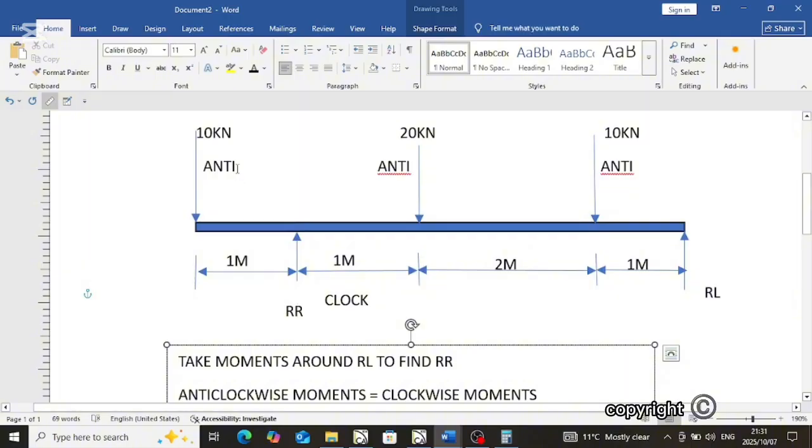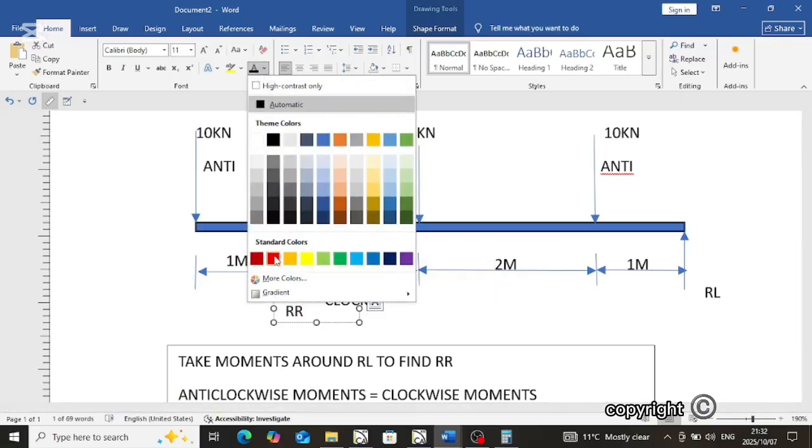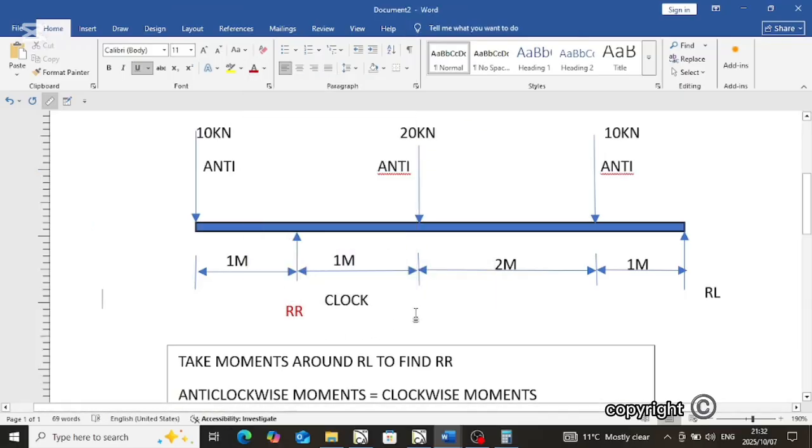Let's go to the beam. If you check the beam, we have to identify the anti-clockwise forces and clockwise forces. Remember, we're taking moments around RR to find RL. It means we have to identify the anti-clockwise forces and the clockwise forces.